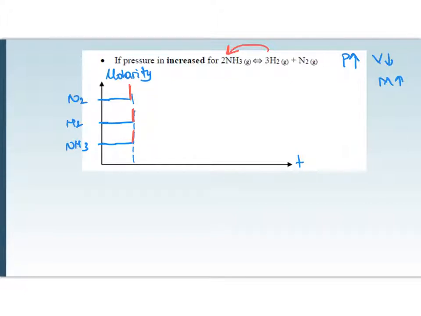Hydrogen and nitrogen are going to be decreased, but will be higher than the initial value, and ammonia was increased by the help of the decrease in volume, and because it favors the reactant side, it will increase more. So it doesn't matter which side the reaction favors. When you decrease the volume, molarities of all the reactants and the products in gas phase increase. This is very important. This is equilibrium and this is the new equilibrium.